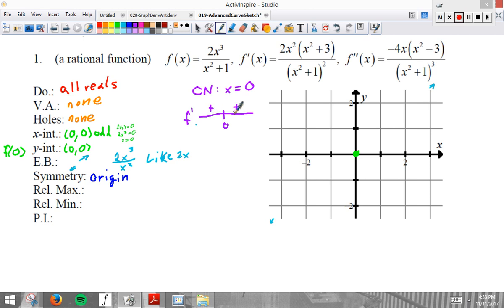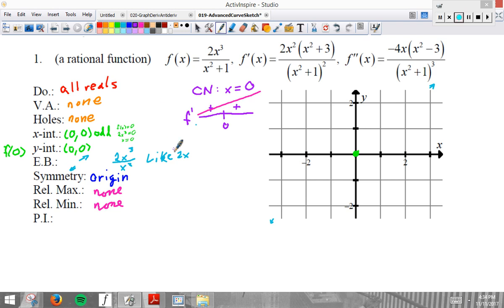Because we have increasing behavior on either side of the critical number, we will draw one guideline, always increasing. Since there's one guideline always increasing, we have no relative max and no relative min.